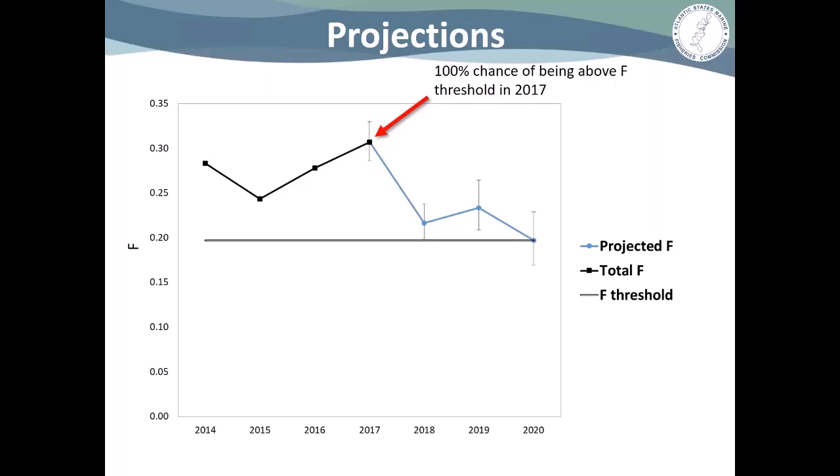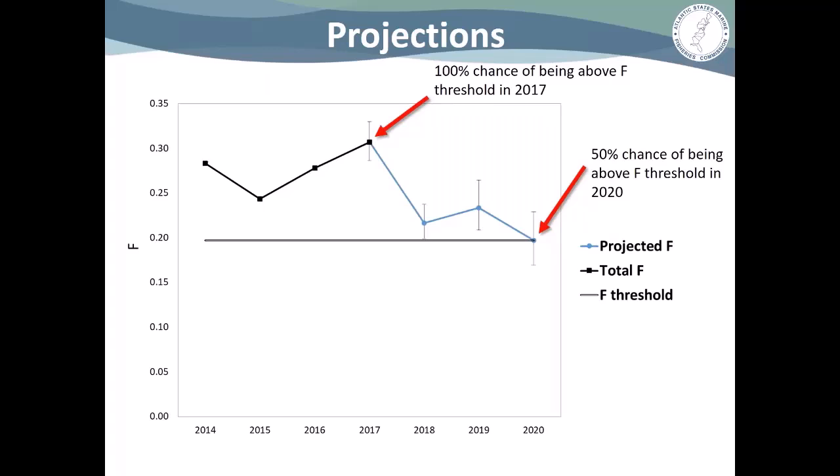So overfishing is definitely occurring. Maybe it's not exactly 0.3, maybe it's a little higher, maybe it's a little lower, but it's definitely overfishing. We reduce the catch, and then in 2020, we have a 50% chance of being above the F threshold. So if we reduce the catch by 18%, then we've got a 50% chance of being above that threshold, and a 50% chance of being below that threshold in that last year.